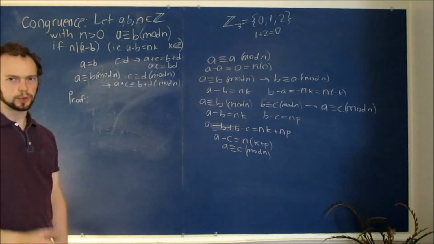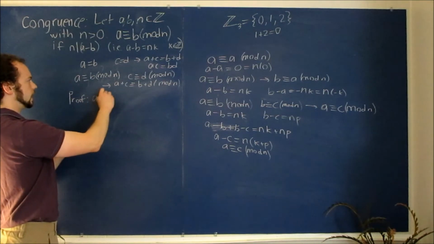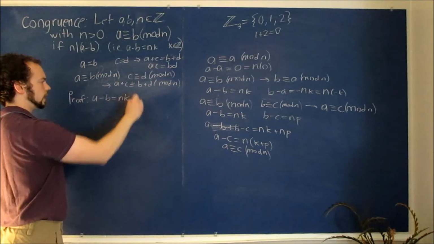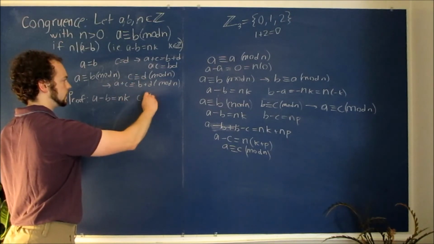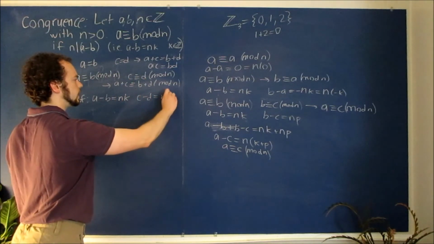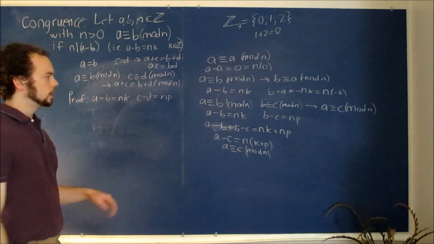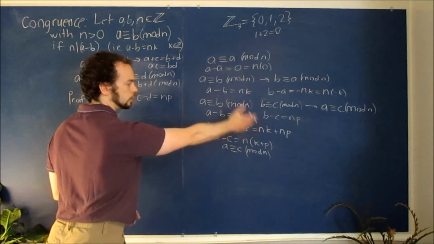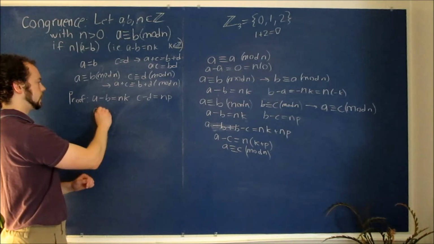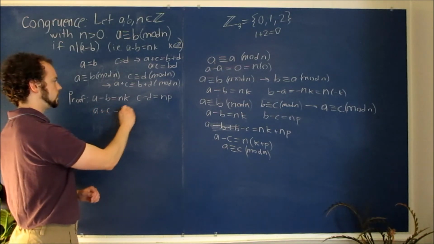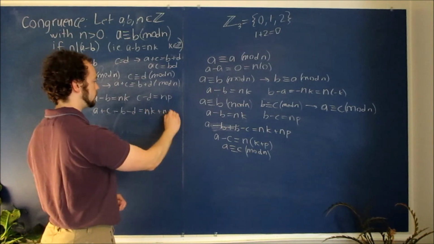And we'll just do a really quick proof here. A congruent to B mod n means that A minus B equals n times some integer k. We can do the same thing for C and D. So let's say C minus D equals n times some other integer p. Then, just like I did over here for transitivity, I'm just going to add these two equations together, and I will get A plus C minus B minus D equals n times k plus n times p.